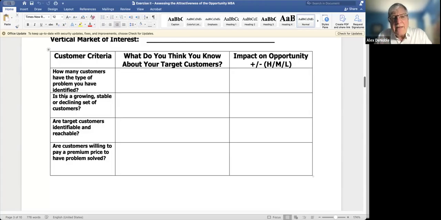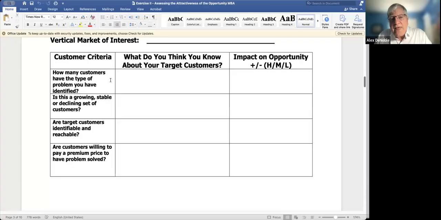So as you try to answer that question, hopefully with some research and some market validation, what do you think you know about your target customers? How many of them are out there? How would you answer this question based on what you think you know? And what impact will that have on the opportunity?